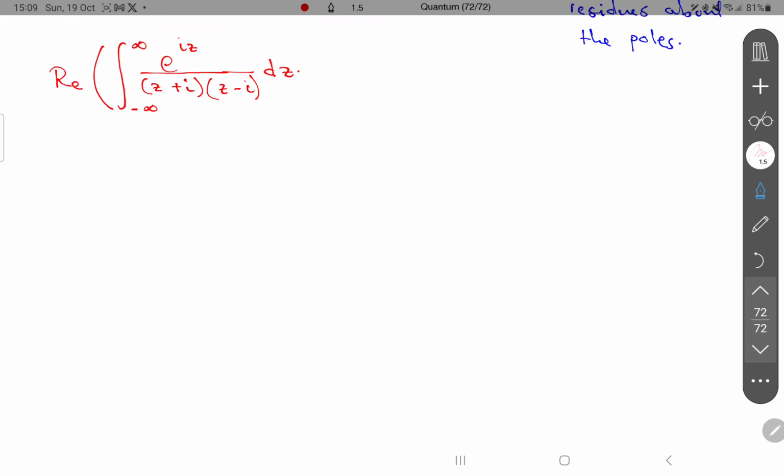So looking back at our integration, now you have to look at the denominator. I have the positive i and the negative i. So if I have my Cartesian plane, that is a complex plane, that has a real part here and an imaginary part here, I am integrating from negative infinity to positive infinity.